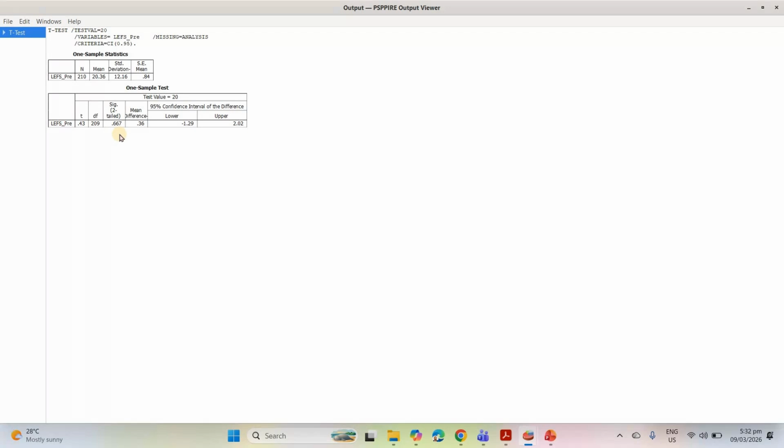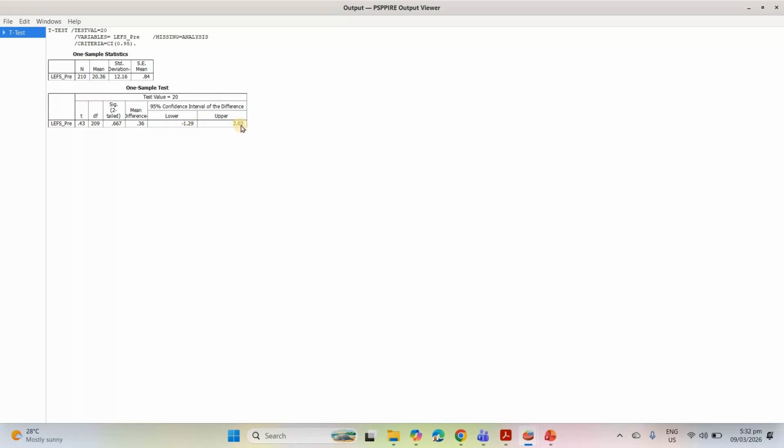So with this, we fail to reject the null hypothesis, which indicates that on average, the lower extremity functional scale score would be 20. And here we have what we call the mean difference, which is 0.36, which is really small. We look at a 95% confidence interval of that mean difference.